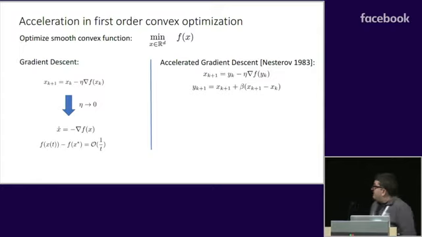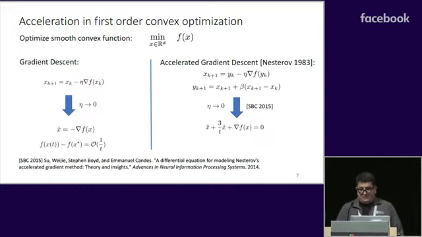Now, if we want to accelerate this, we can use the celebrated Nesterov's accelerated algorithm, which is essentially, as we all know, a very nice, clean reformulation of Polyak's heavy ball method with subtle differences. You now add a momentum term, and you evaluate the gradient at this midpoint y.